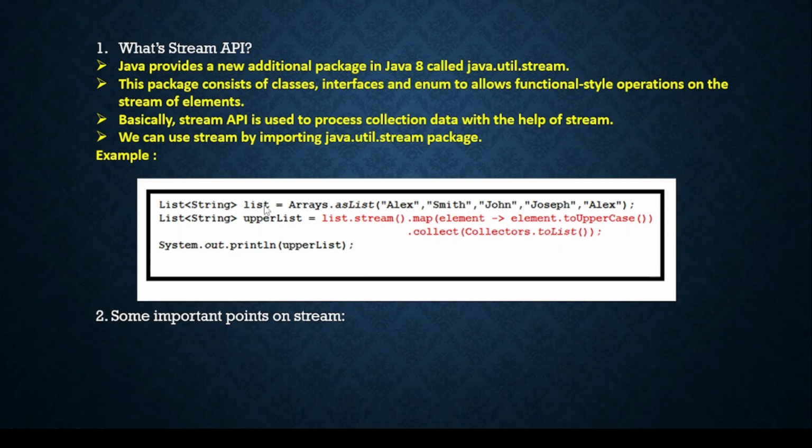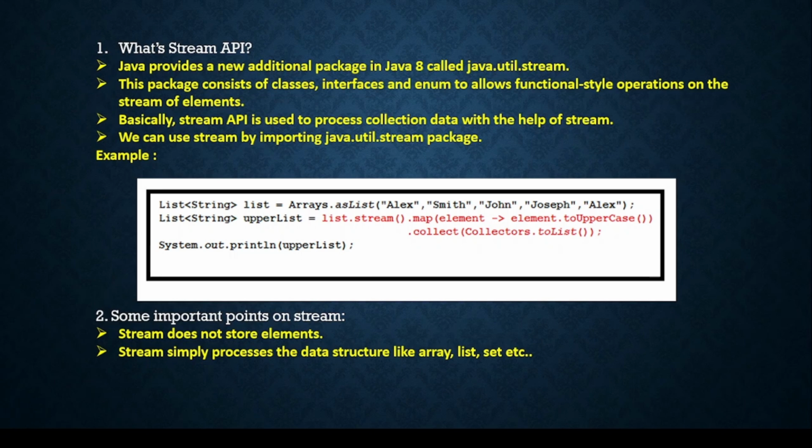The purpose of the collection is that it will store the objects, but whenever we are working with the stream, this stream will operate on the collection, but it is not going to store any kind of data. It will just process that data. Just remember, the first point is: stream does not store any elements. Stream simply processes the data structure like a list or set.